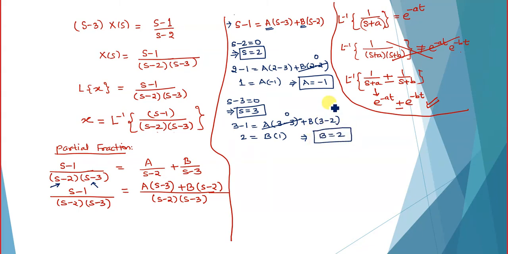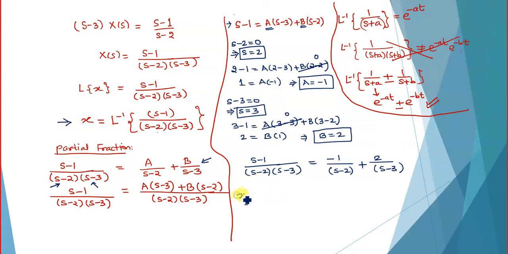Now we substitute these values of A and B at the very first place where we introduced them. So we get (s minus 1) over (s minus 2)(s minus 3) equals minus 1 over (s minus 2) plus 2 over (s minus 3). Now what was our question? To find x.